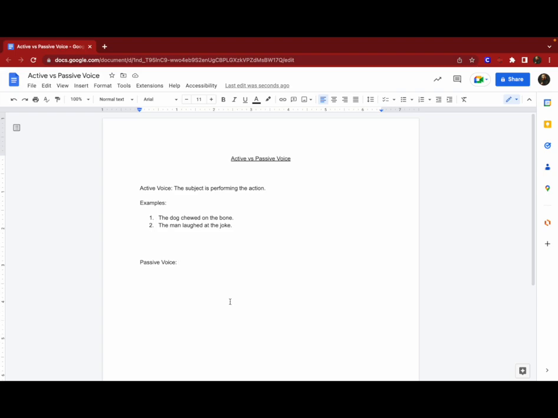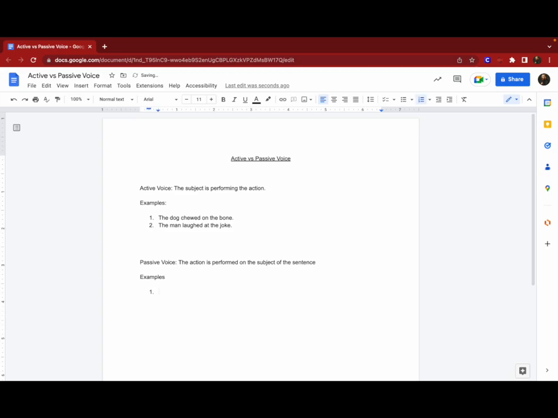So the difference with passive voice is the action is performed on the subject of the sentence. Okay, so let's rewrite these first two sentences using the passive voice.